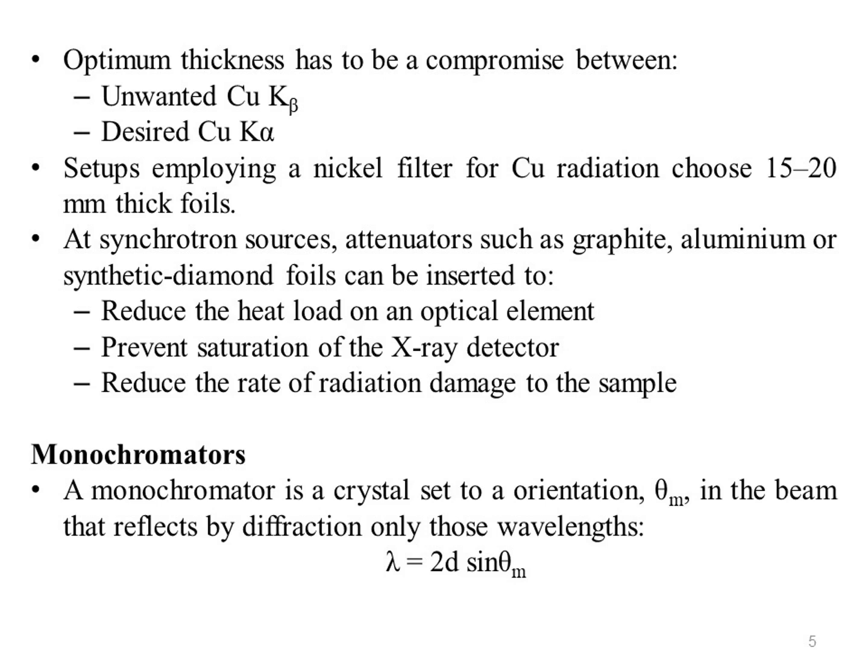A monochromator is a large flat single crystal set to a particular orientation theta m in the beam that reflects only those wavelengths that satisfy the Bragg condition, which is lambda equal to 2d sine theta m, where d is the spacing between the chosen lattice planes.